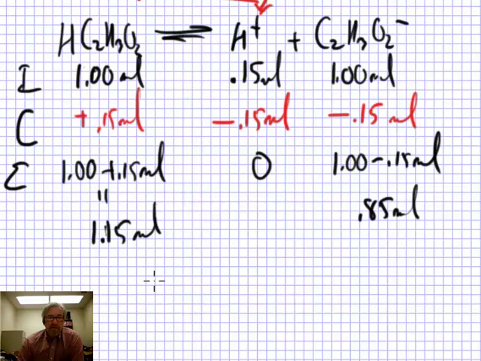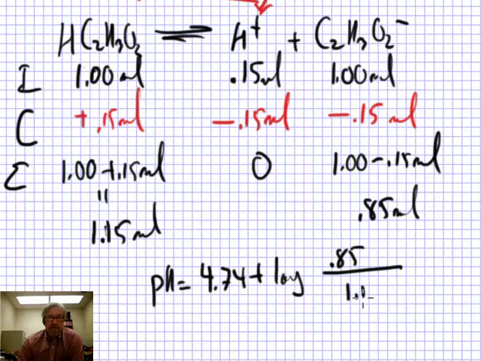Well, the Henderson-Hasselbalch equation will tell us that. So pH is equal to pKa, which we know is 4.74, plus the base 10 logarithm of acetate ion number of moles, and that's 0.85, divided by acetic acid moles, and that's 1.15. If you do this arithmetic, you come out to 4.61.